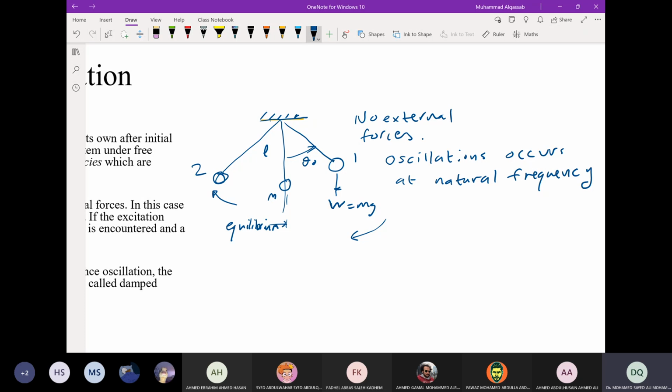Okay, natural frequency means the frequency that is dependent on the parameters of the system, not on the dynamics part. What will affect the frequency of oscillation is the length of the cord, right?